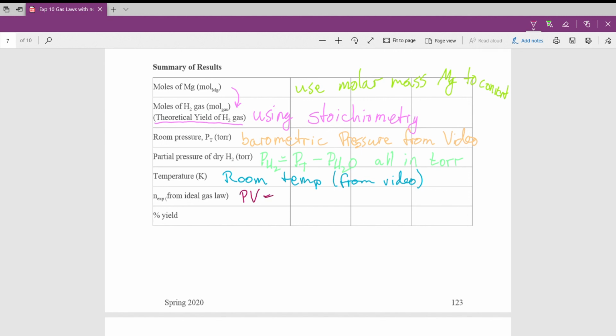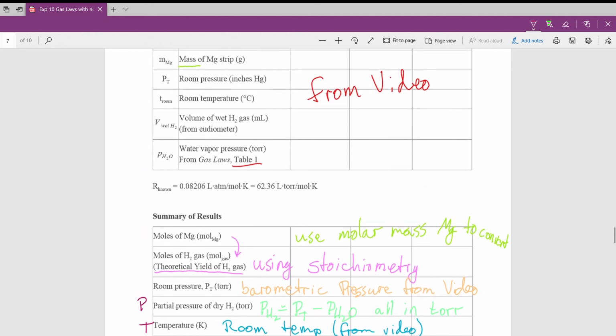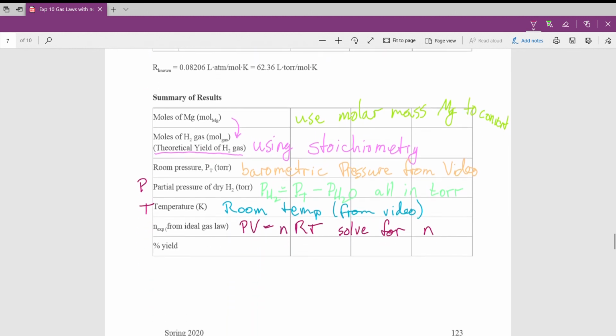PV, it's almost like being in class, equals nRT. We're going to solve for n. Here's our T, here's our P, and where is our V? V is up here. And then R, that's just the ideal gas constant.